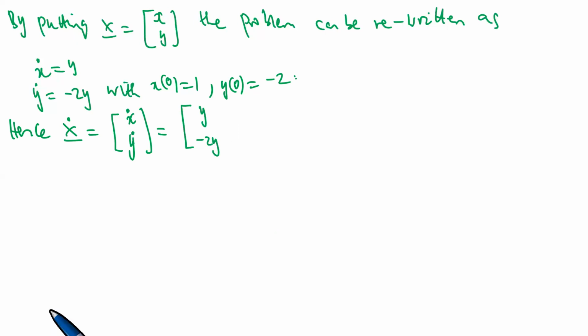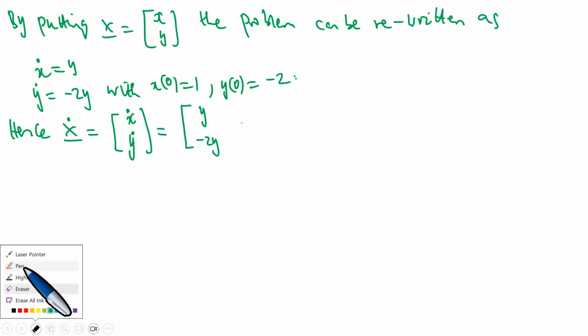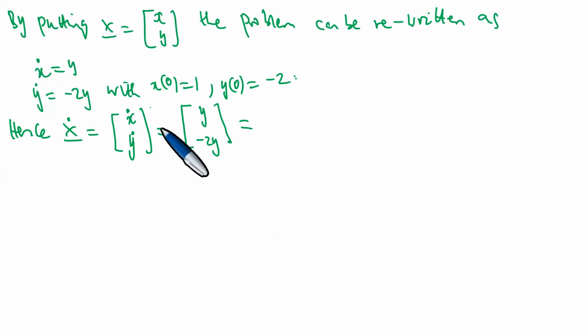This power series normally has a bit more work, so we'll try to be faster. Now we need to write it in matrix notation. We need to factorize it and put x, y here. So what must this matrix be?